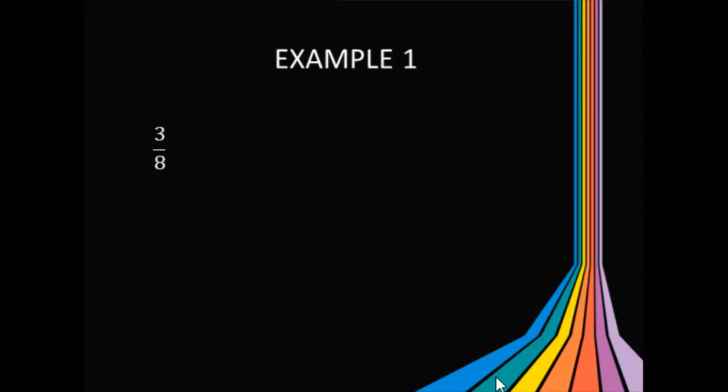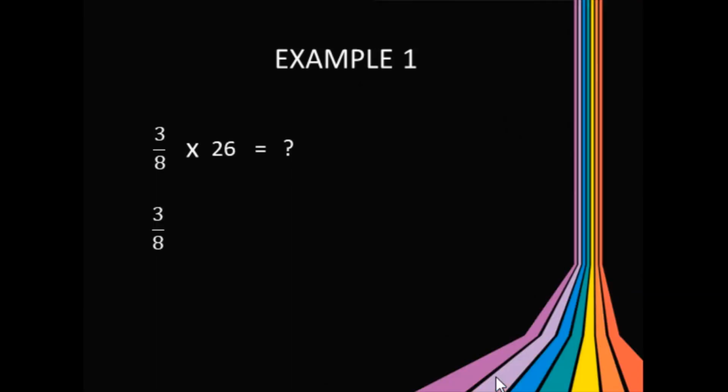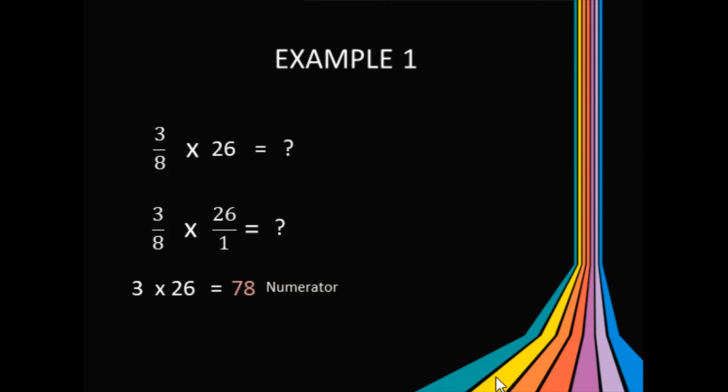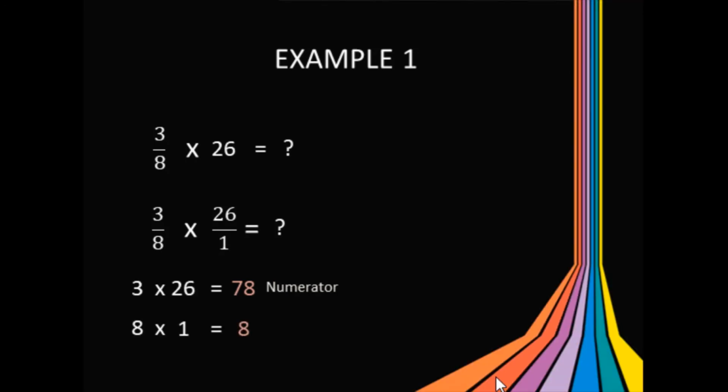3/8 times 26. Write it as fraction. So we have 3/8 times 26 over 1. Multiply the numerators and denominators. 3 times 26 is 78. 8 times 1 equals 8. Write it as a fraction.